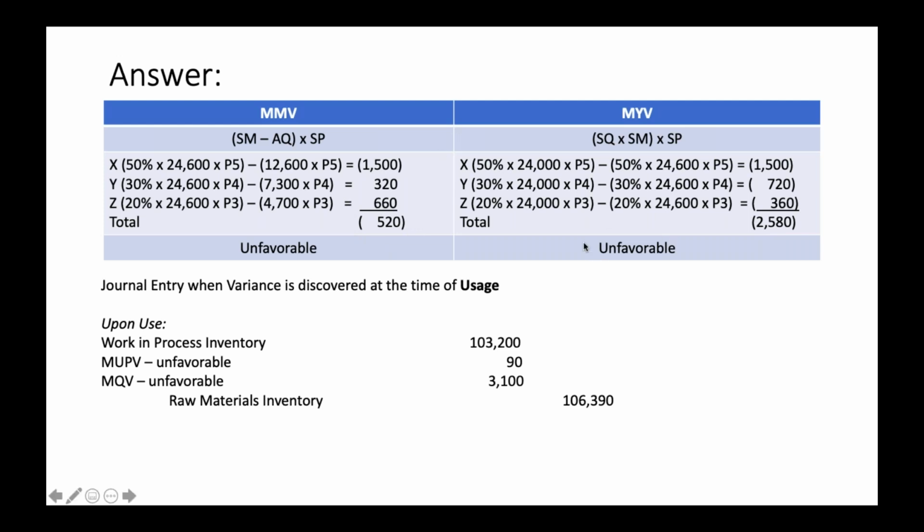Okay, in terms of output, the yield, the formula is standard quantity multiplied by standard mix. Oh, sorry, this is not multiply.